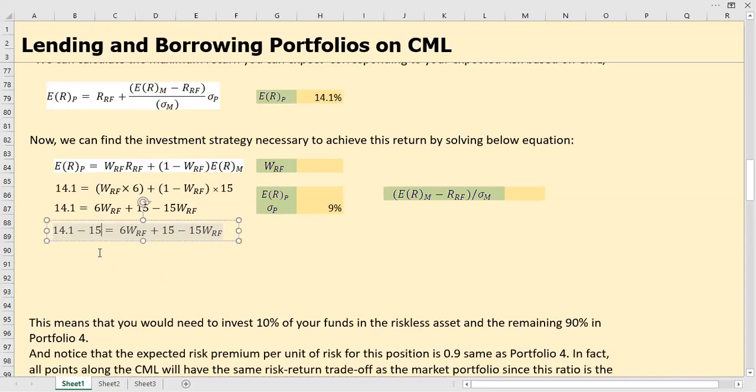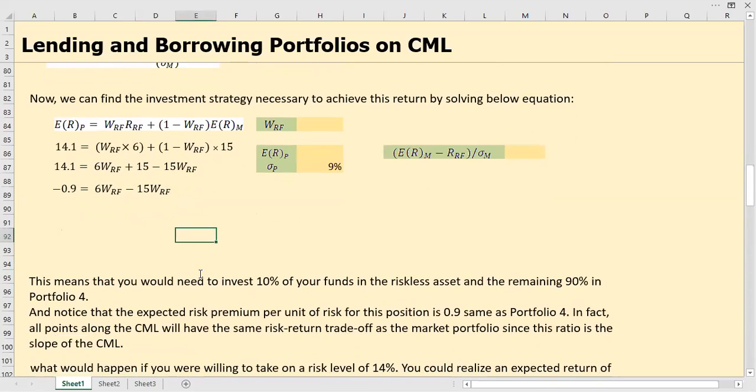So 14.1 minus 15 is equal to negative 0.9. So you can get rid of this positive 15 here. So this is how it comes, right?